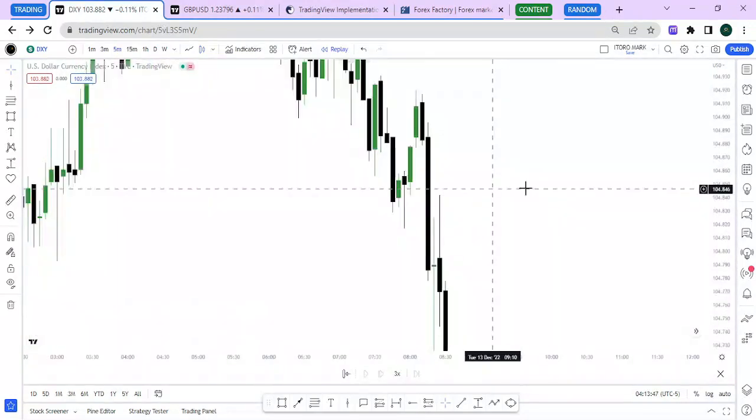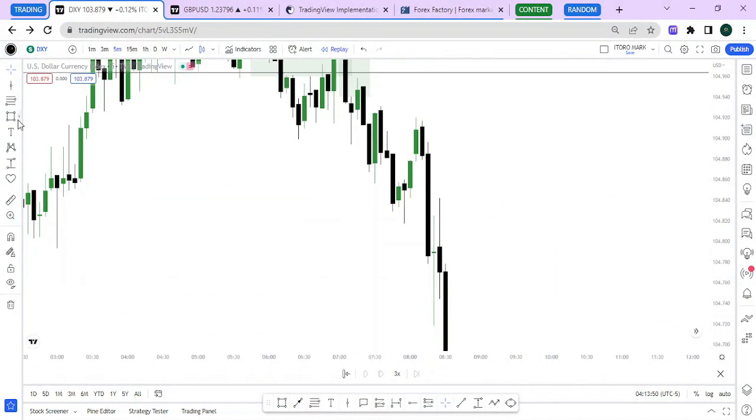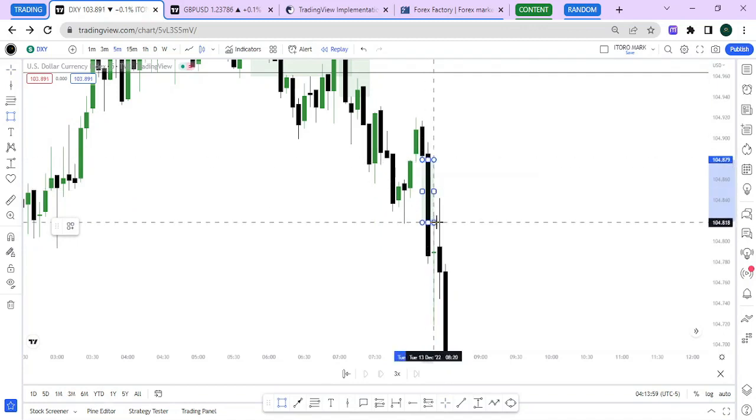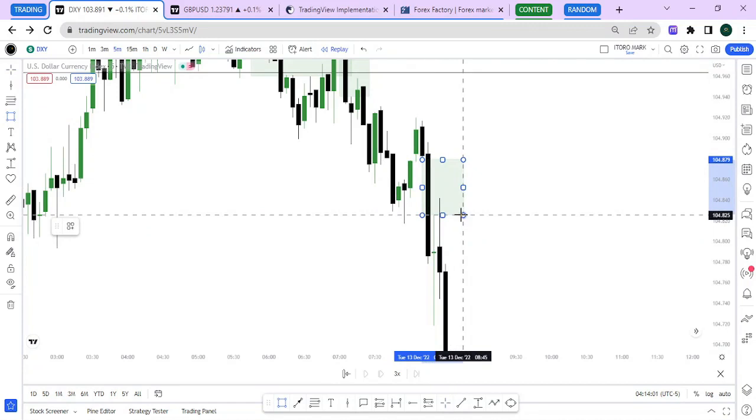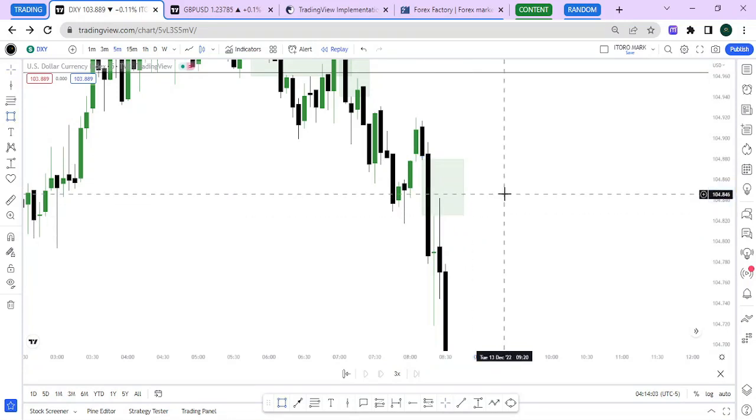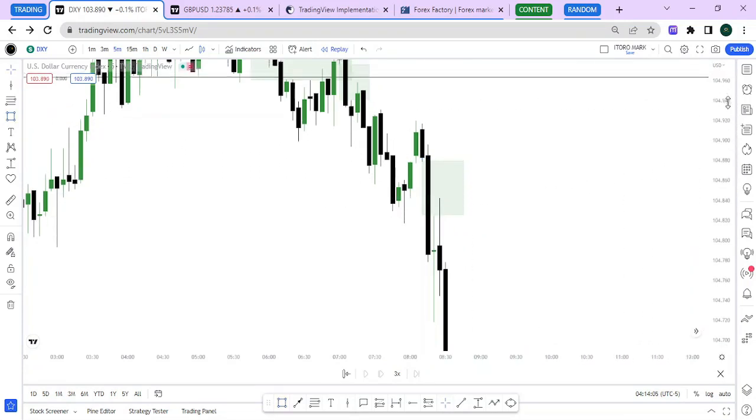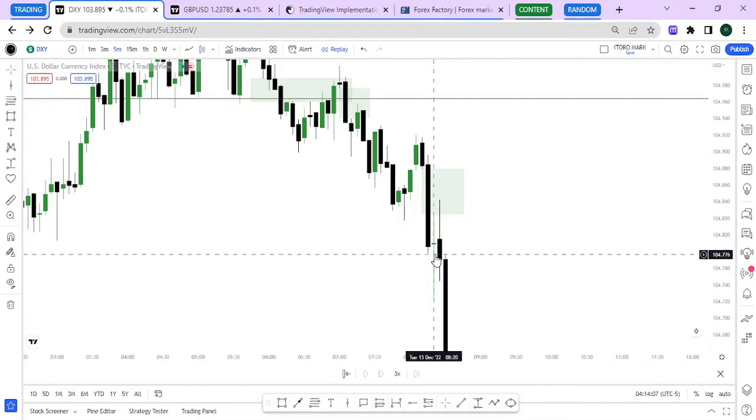Even before the 8:30 news, you could see that price presented a continuation fair value gap for us to trade into. A continuation fair value gap must not grab liquidity. That's what I've seen. If it's a continuation fair value gap, it must not grab liquidity. What you need is just a break of market structure.